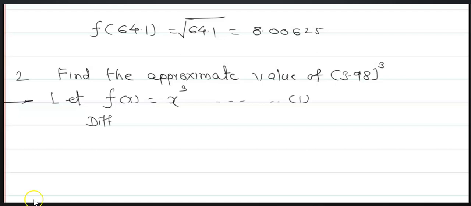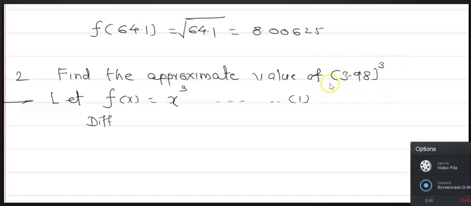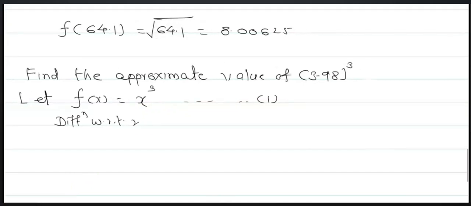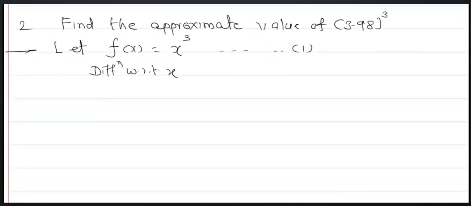What is f of x? It is this quantity raised to 3. Therefore our function is defined as f of x is equal to x cube. Now differentiate this with respect to x. F dash of x is equal to 3x square.